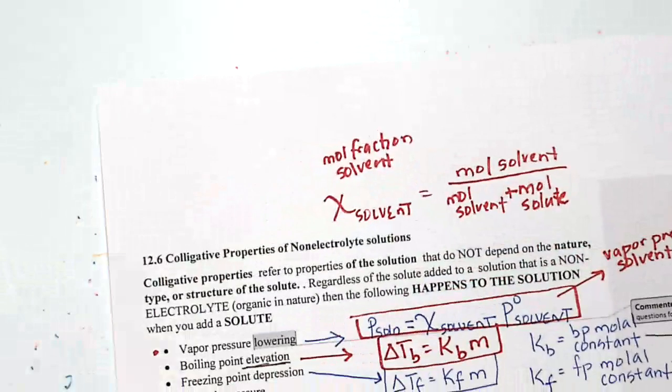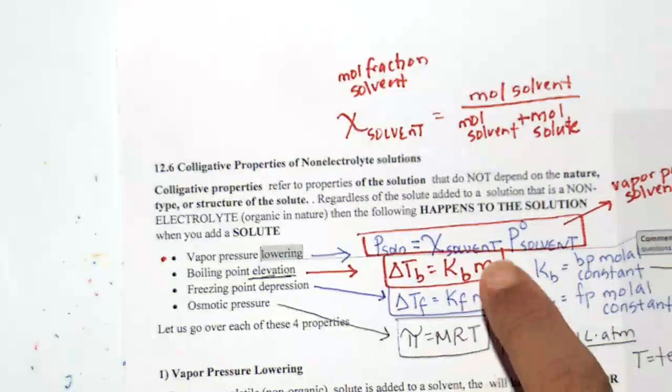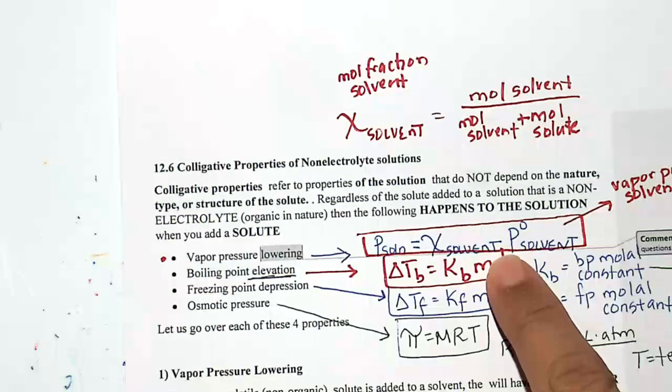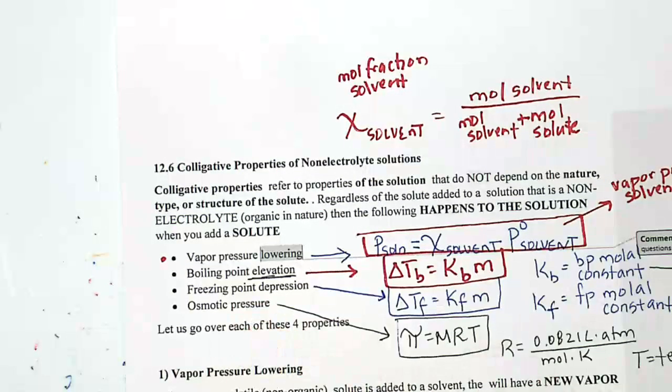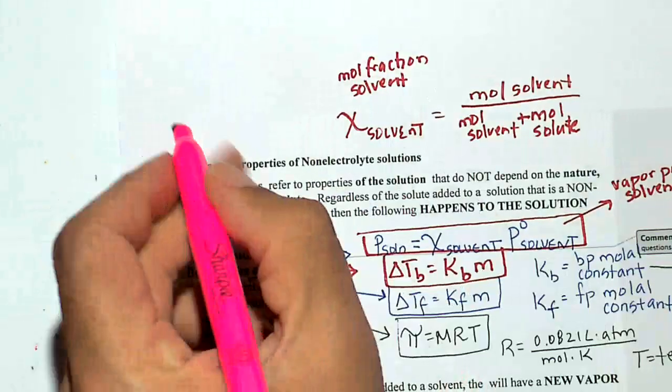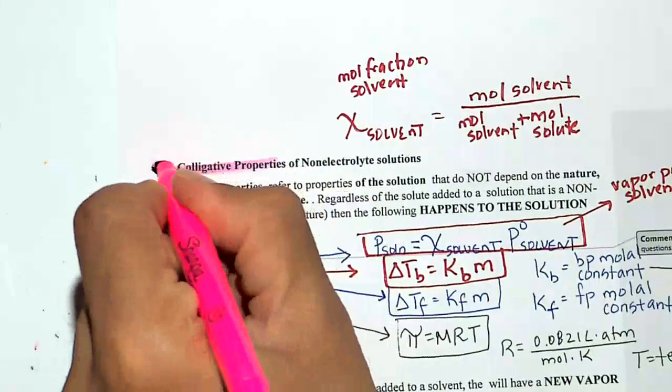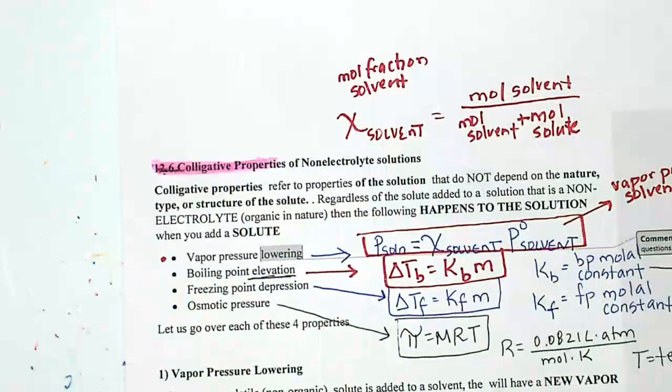Then let's move on to page 7, where we'll do a problem involving vapor pressure lowering. These are colligative properties. We'll do a plug and play problem on page 7.